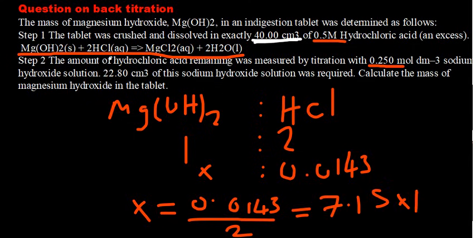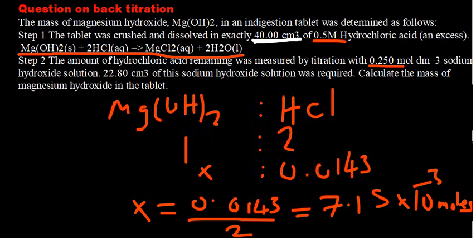So now what you've determined are the number of moles of magnesium hydroxide that reacted. Now what is the question asking us to find? The question is asking us to determine the mass of magnesium hydroxide in the tablet. We've determined the number of moles, and we want to find the mass.